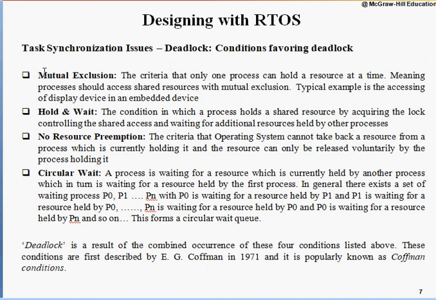Mutual exclusion, you might have come across mutually exclusive events, events which are independent. Here we mean to say that the process holds a resource at one time. This process which is holding a resource cannot share it with some other process.